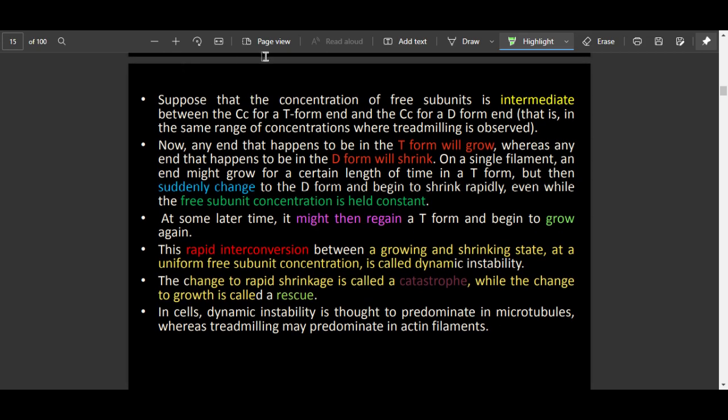Suppose the concentration of free subunits is intermediate between the critical concentration Cc for the plus end and the Cc for the minus end. This is the same range of concentration where treadmilling is observed.